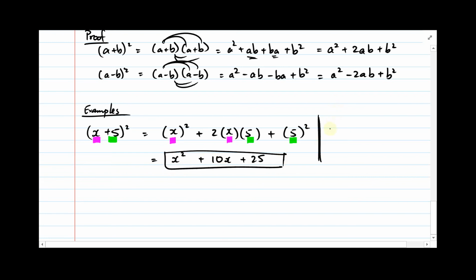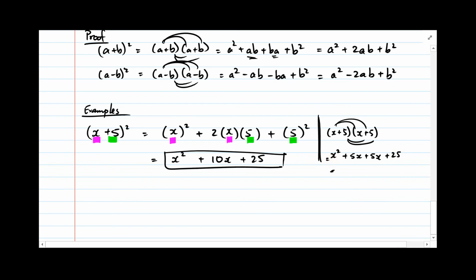While it is true that if you're unsure, you can check for the first few if you get the same thing using FOIL, I really need you to be able to go forward following the pattern, because we will be asking you to identify the pattern at a later date.